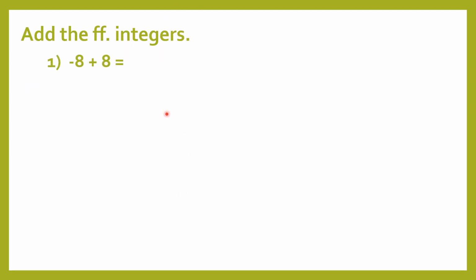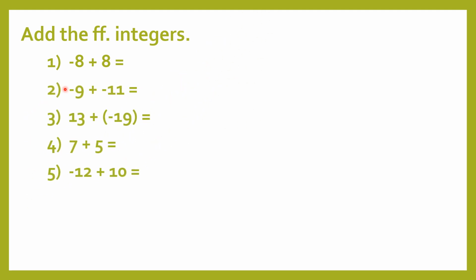Alright, the following integers. Let's try to add these. Negative 8 plus 8 is 0 because these are already a zero pair. Negative 9 plus negative 11 is negative 20.